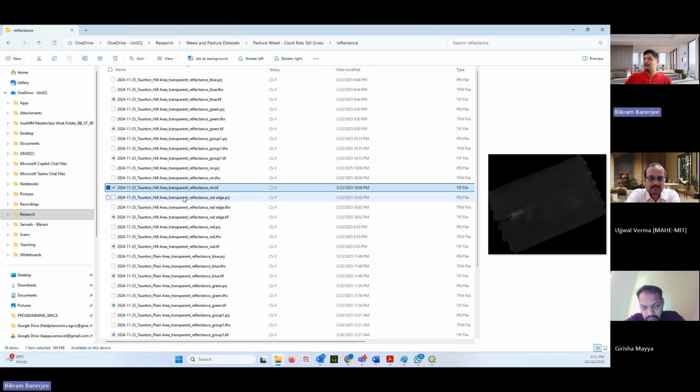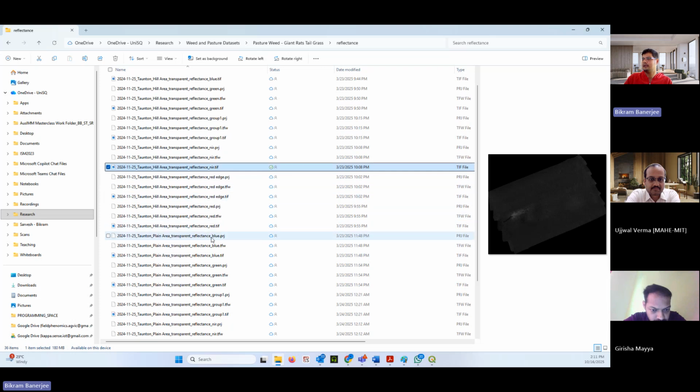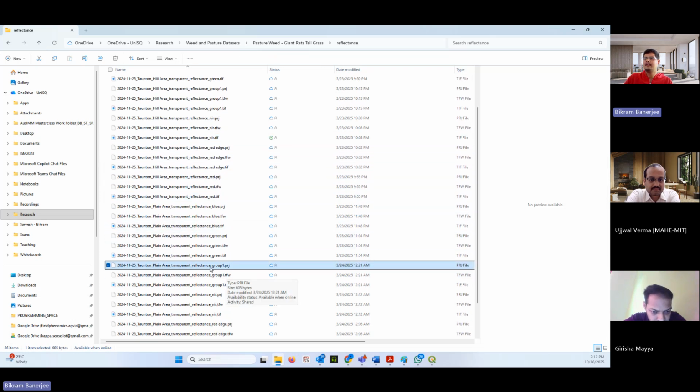So these are the different files. Now here also we have got Totten Hill, the 5 images. I'm saying this is probably reflectance group 1. So this is probably a redundant image.